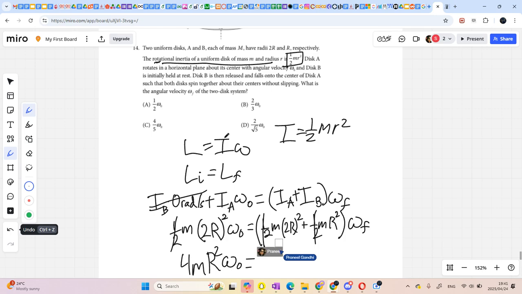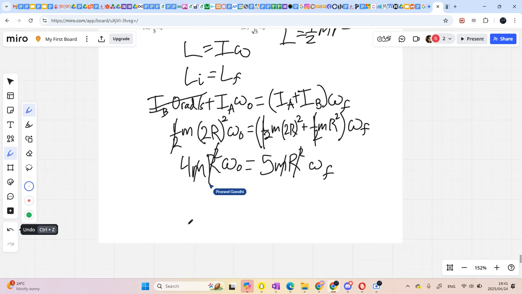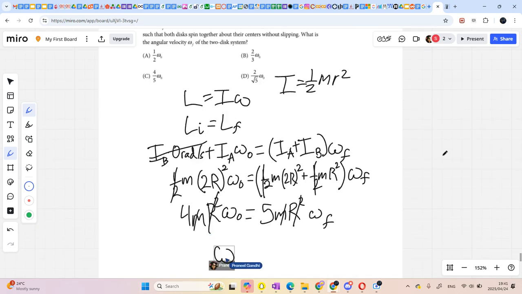So we're going to get 5 times mr squared times omega final, and then r squared and m cancel, and so we are left with omega final equals 4/5 of omega naught. And so that should give choice B.